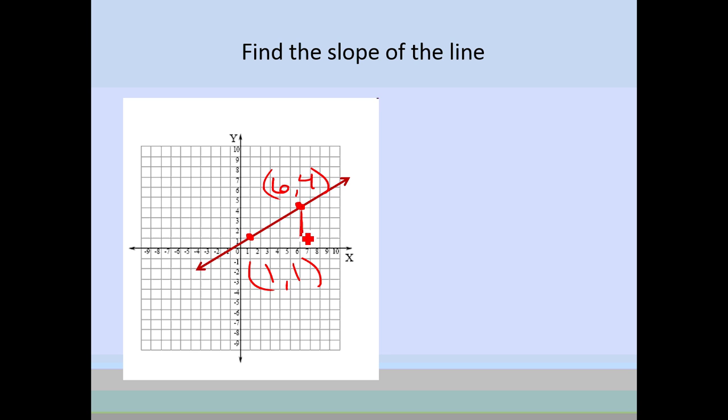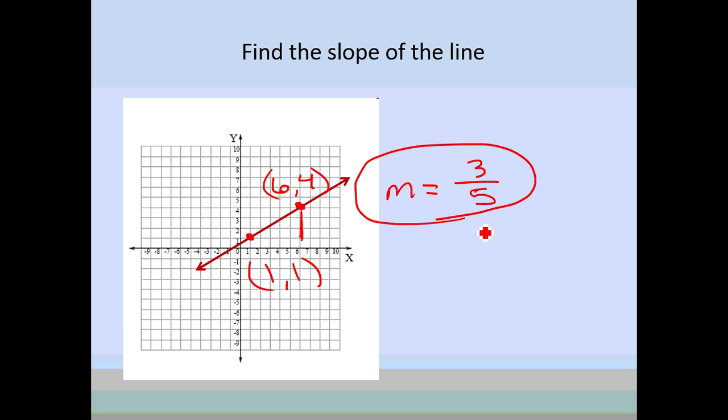So the rise here would be 1, 2, 3. So our slope would be 3 over whatever the run is. The run is the horizontal distance: 1, 2, 3, 4, 5. The slope of this line is 3/5. So that's how you can look at a graph and find the rise and the run.